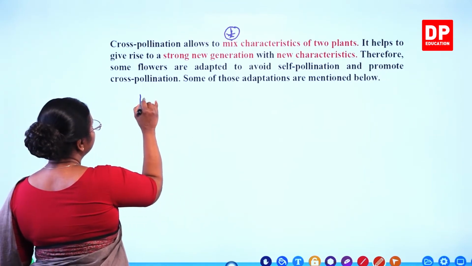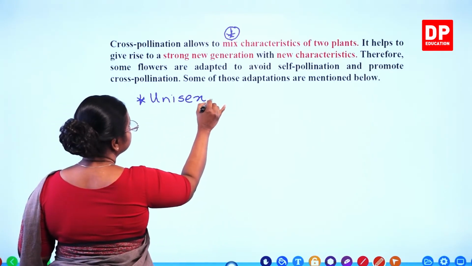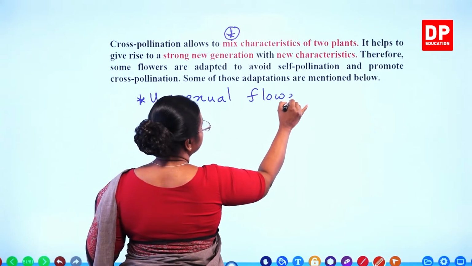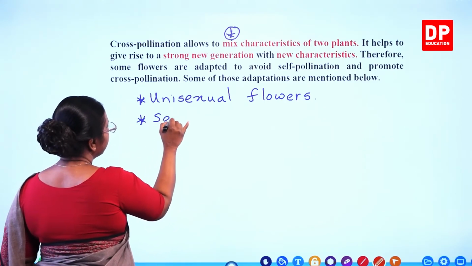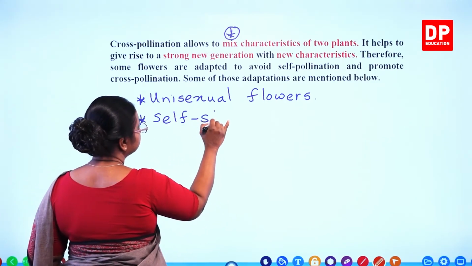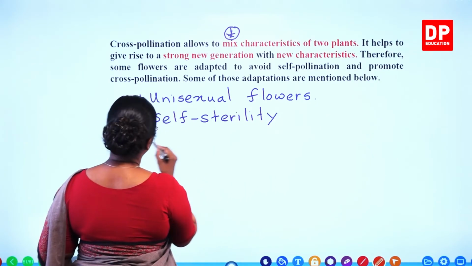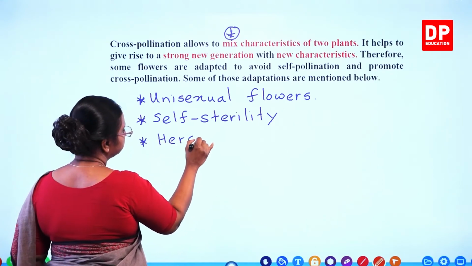So, under that, we will be discussing unisexual flowers. Then there is something called self-sterility. Then there is hercogamy.